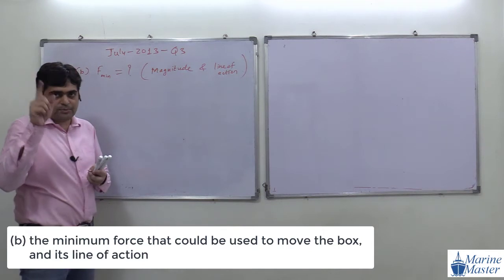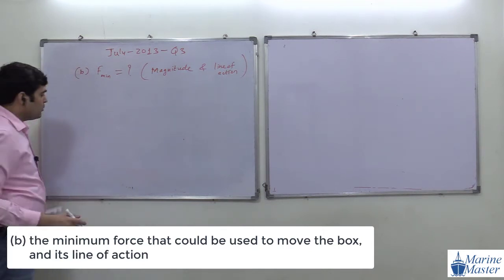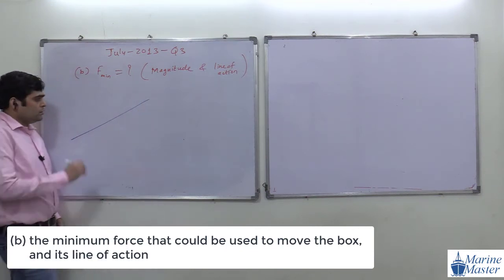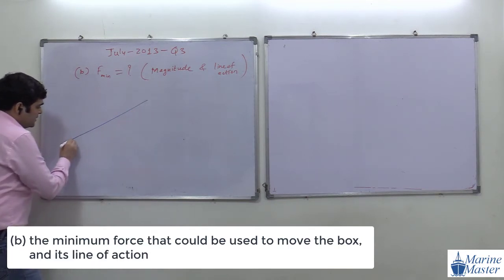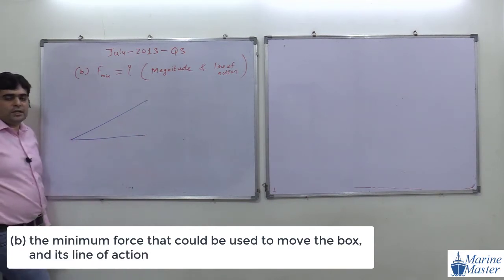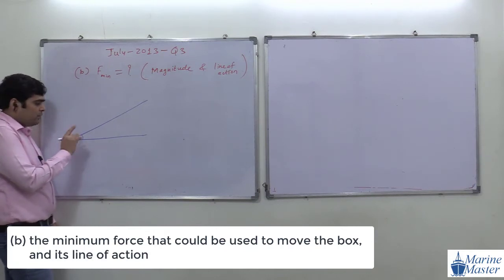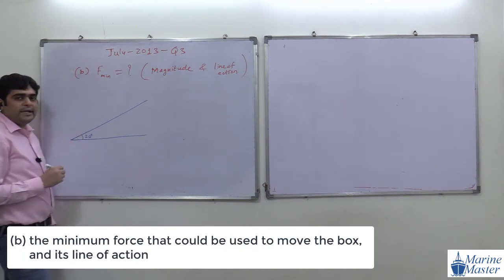Now see the scenario here. How to deal with such types of questions? As usual, how do we start? We are going to draw the plane. This is a plane, and this is our horizontal. This angle is 20 degrees, which they have given us.